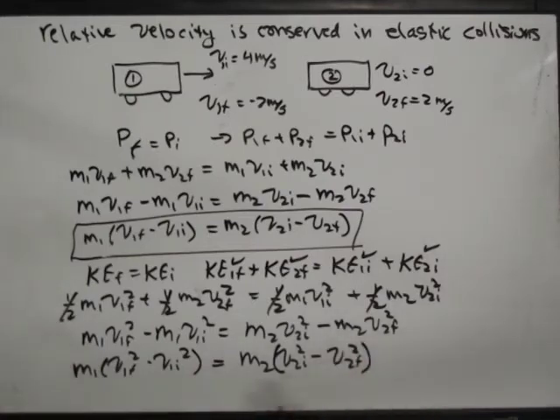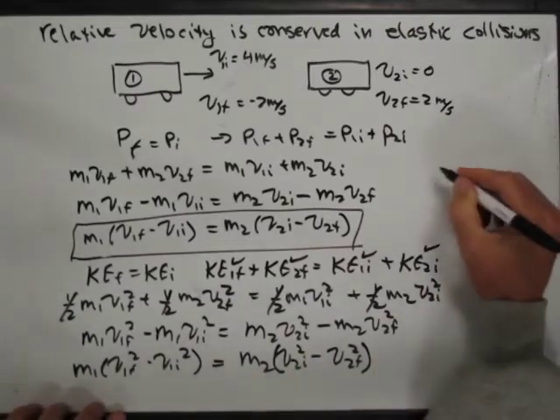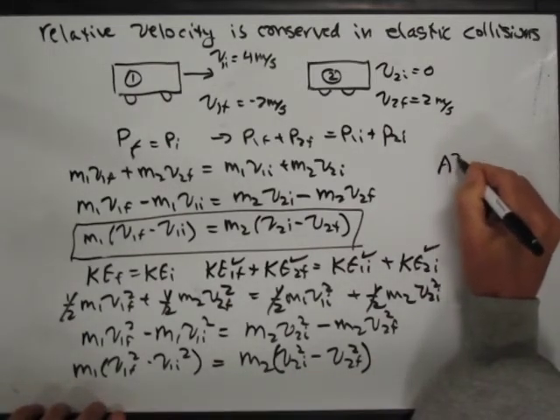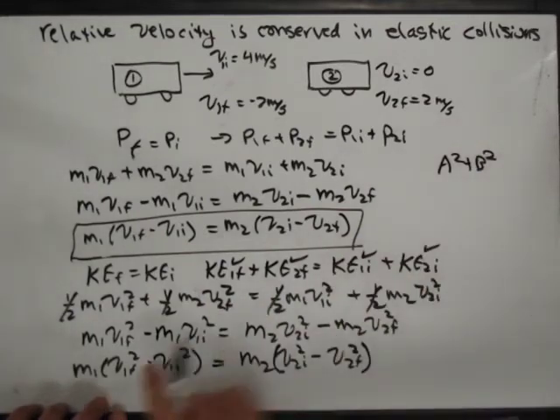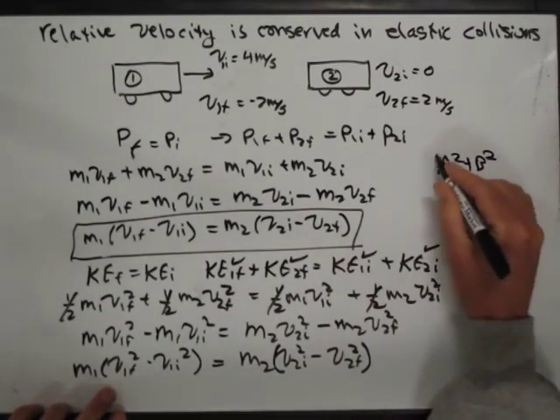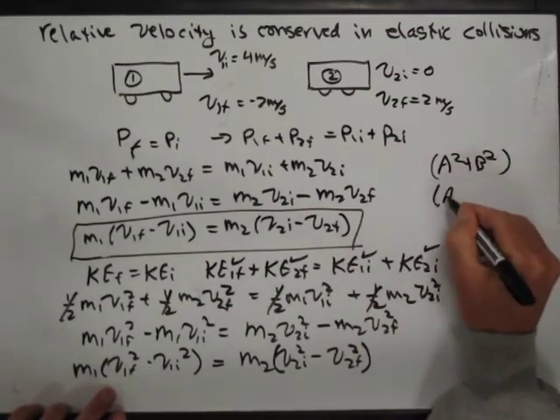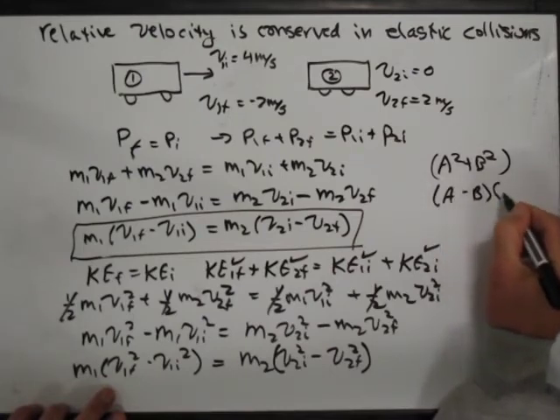Right. And now I'm going to have to do a little tricky, maybe slightly tricky algebra here. So I'm going to say, look, a squared minus b squared, if I have something squared minus the other squared, if you remember, that's equal to a minus b times a plus b.